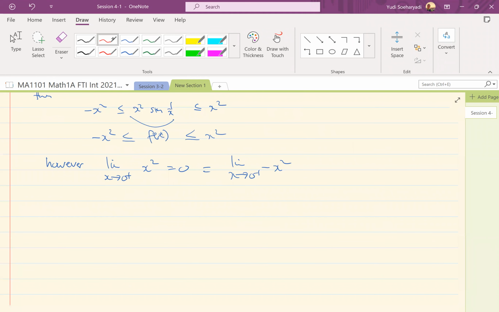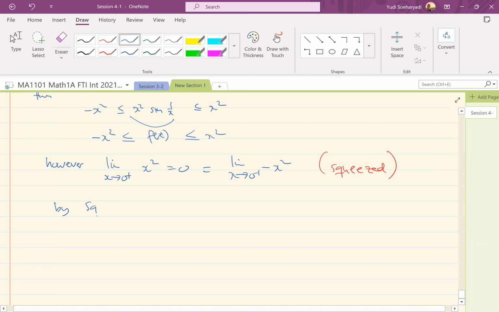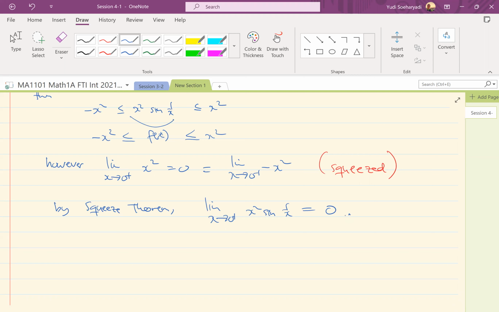This is the case when you have a squeeze. So by the squeeze theorem, you squeeze in this case.